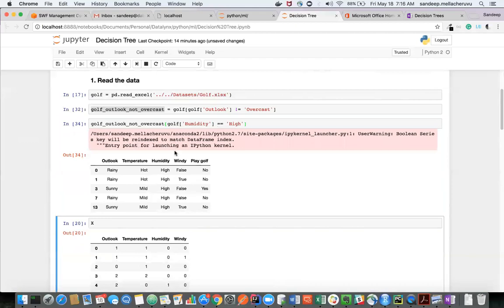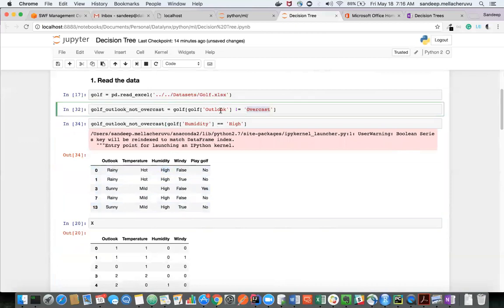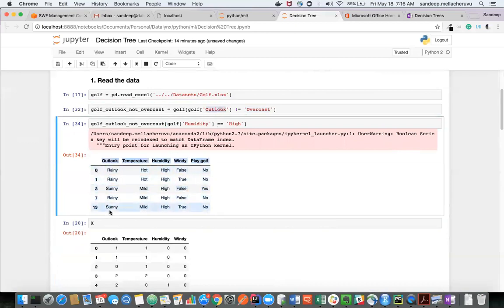If I do this, I'll get only the set of data where we get only humid data. This is the only high humid data, as well as outlook is not overcast. Both the conditions are satisfied at once.